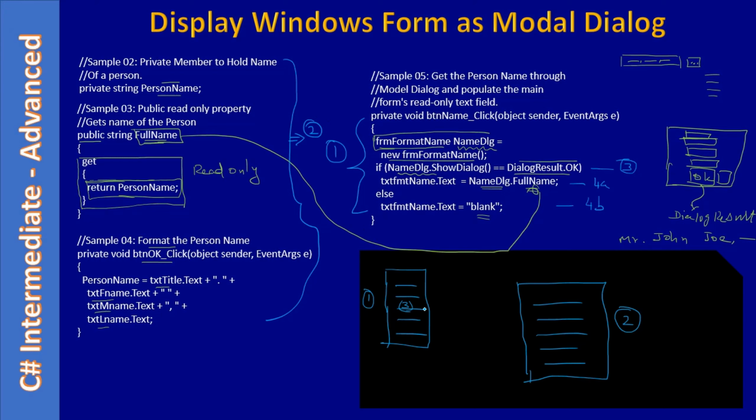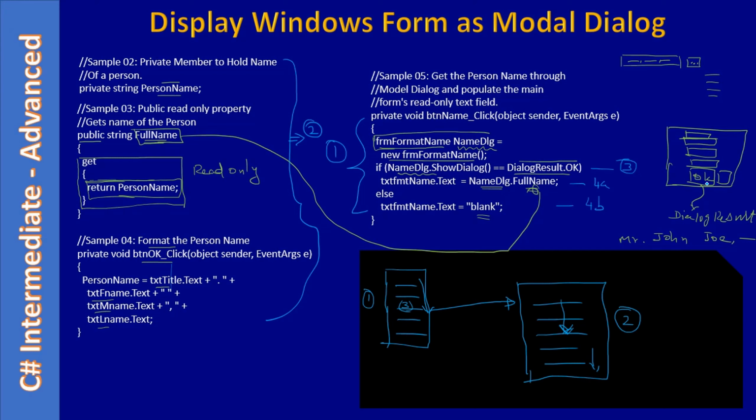What happens when control comes here is that it will make a call to our modal dialog, so the code in the modal dialog will run here. The OK button, Cancel, if we handle the Cancel button, that code also can run. But it is a blocking call, so the control won't go ahead like the modeless dialog, which we already saw in the previous video.